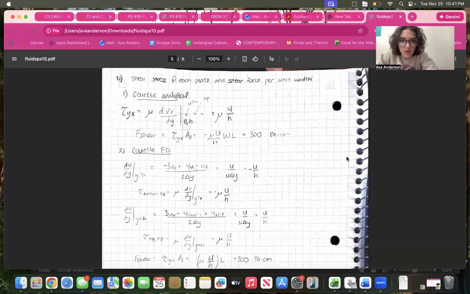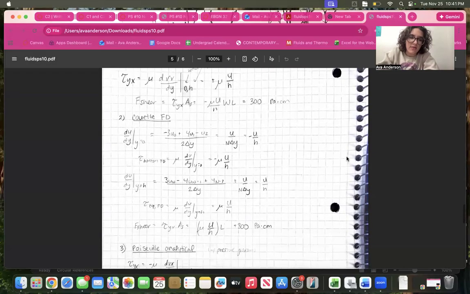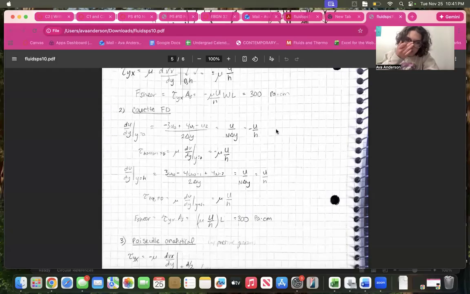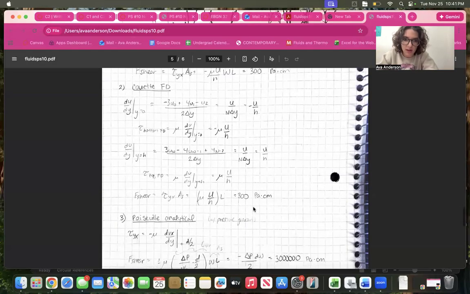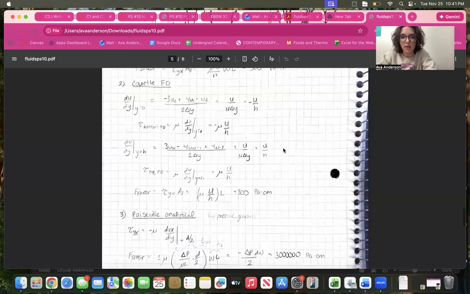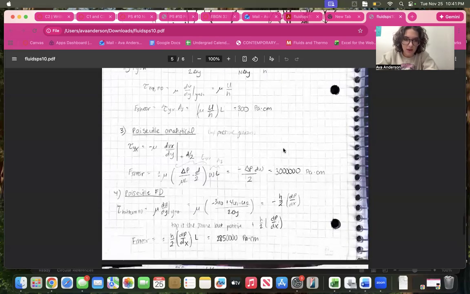So that ends up getting you, for Couette analytical, 300 pascals times centimeters. Finite differencing, you're once again using your little rectangles instead of actually using an equation. That ends up getting you the same equation you had before, and you end up getting 300 pascals times centimeters, same as you had for the analytical.